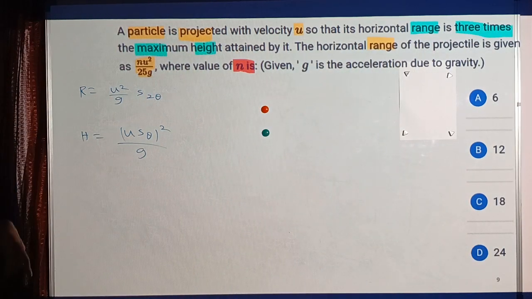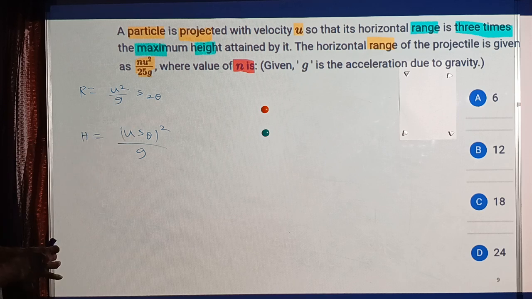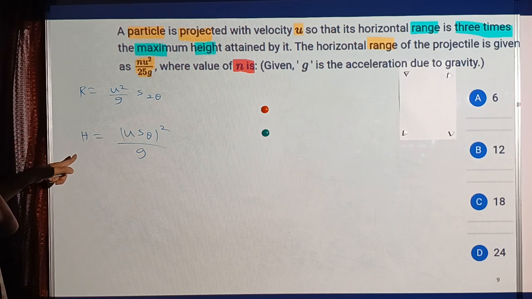If you cannot remember the formula, you can derive it quickly. Range is u cos theta into the flight time. Flight time you can get from v equal to u plus at in the vertical direction. You still get this formula. This you can get from v square equal to u square plus 2as.